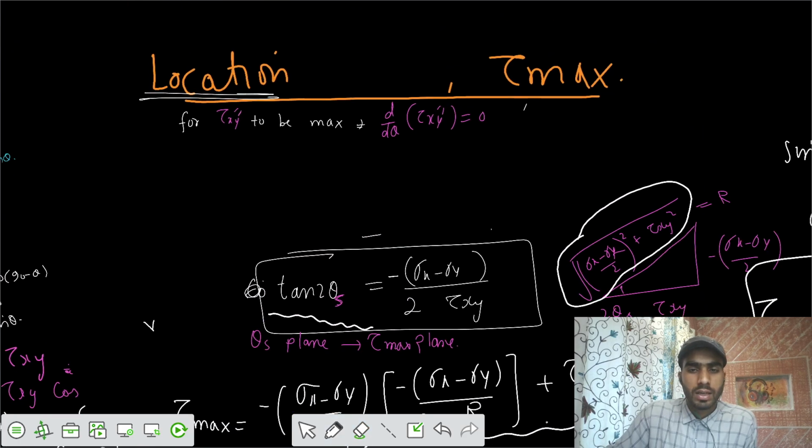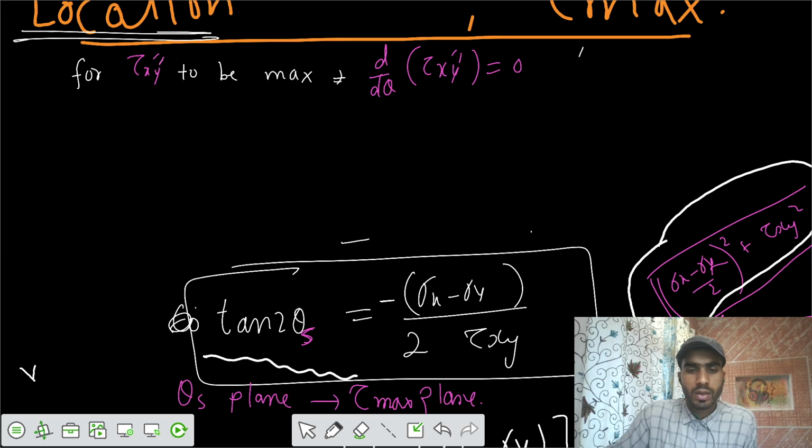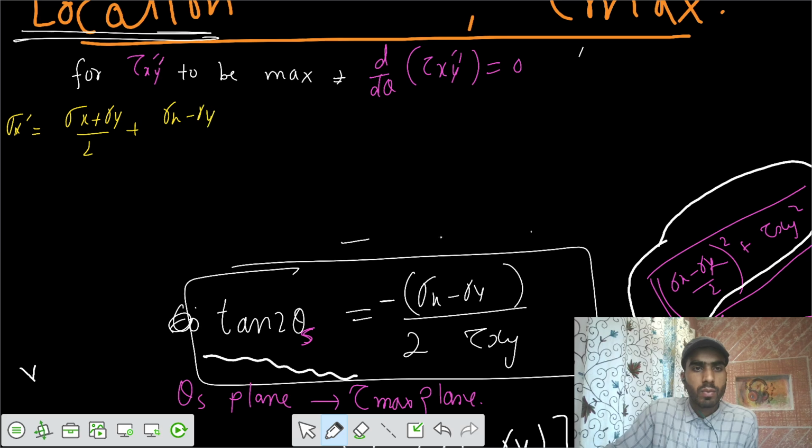Let's write that. We know that sigma x dash equals (sigma x plus sigma y) by 2 plus (sigma x minus sigma y) by 2 times cos 2 theta.